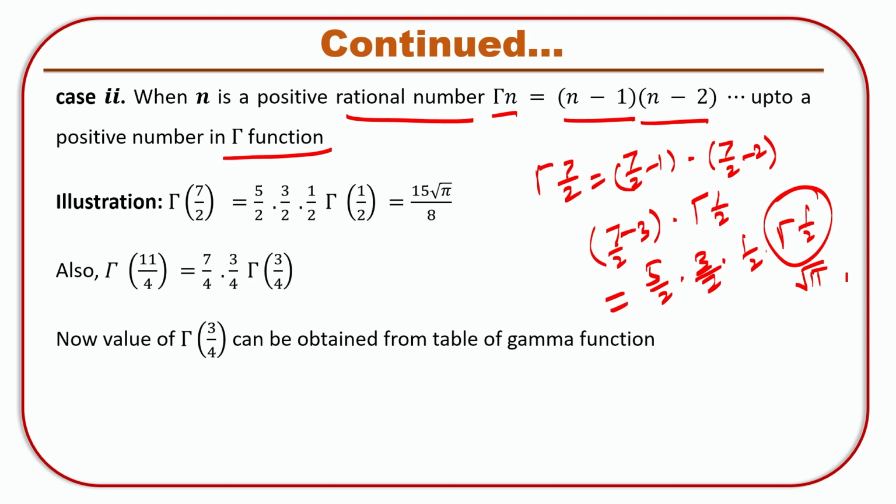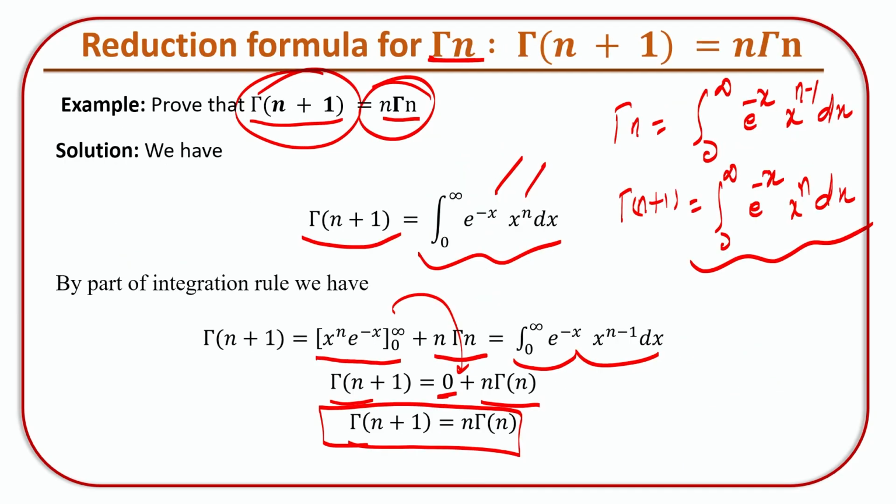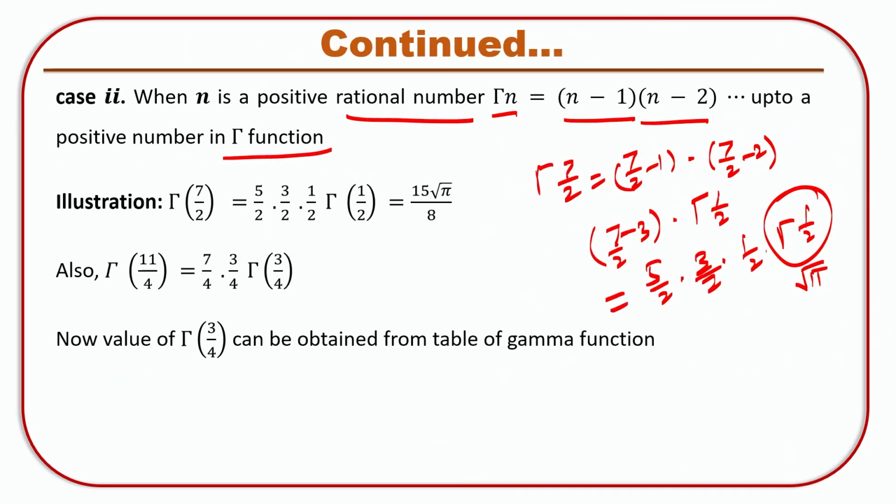Gamma of half we know is equal to root pi. We have evaluated it; let me show you here. You see, we have evaluated this: gamma of half equals root pi. So, the known gamma function value gives 15 by 8 into root pi.